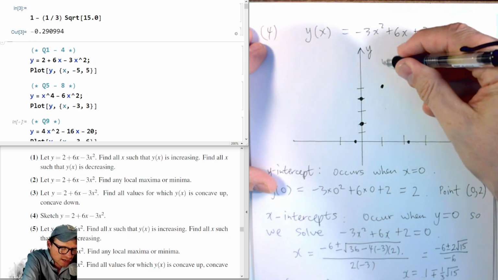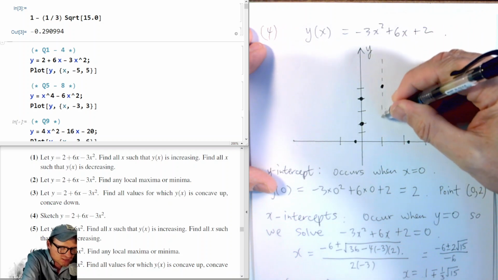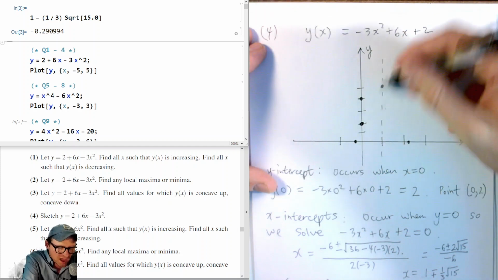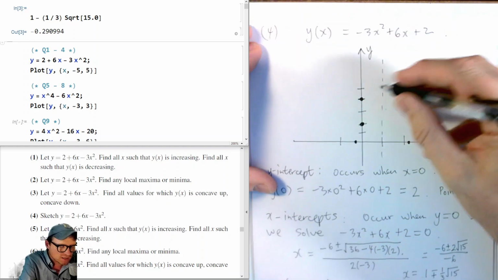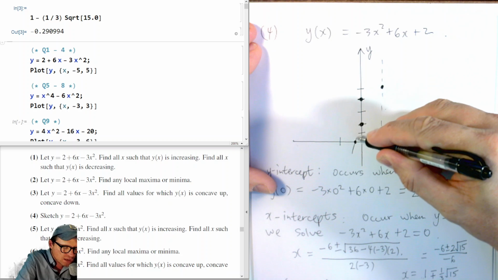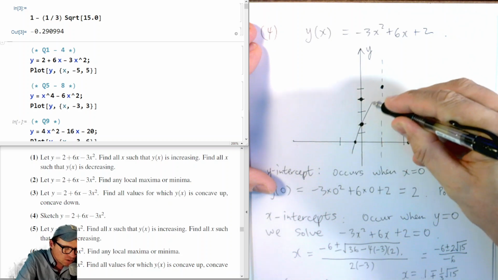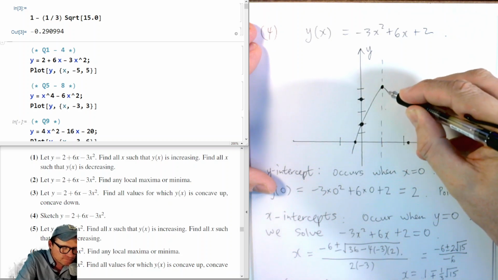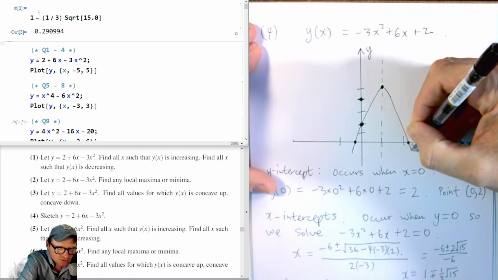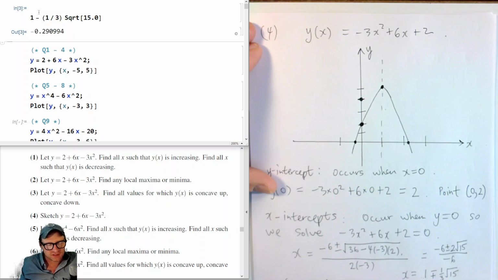Now we've also got an axis of symmetry here, so put a dashed line vertically under that maxima. All right, now what we want to do is fill in the dots in a parabolic shape. It's a little tricky to do this, so just do your best. It doesn't really matter if it's perfect.